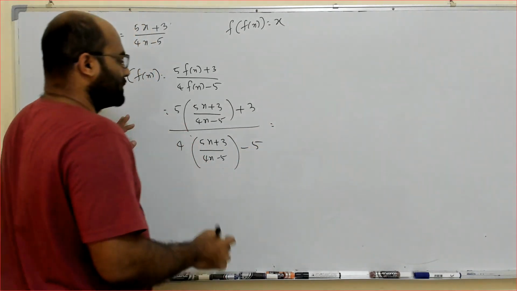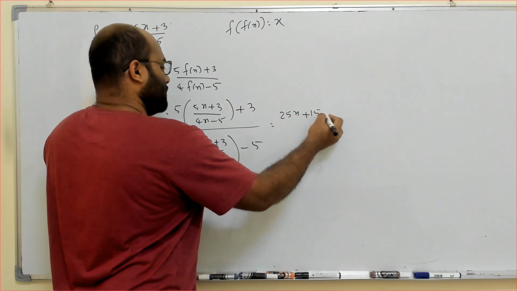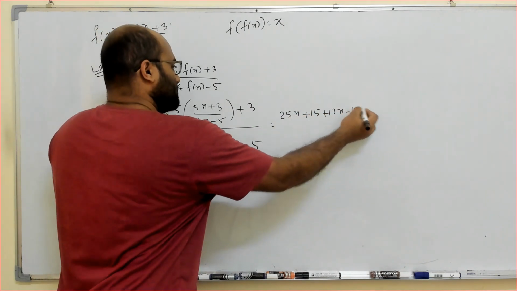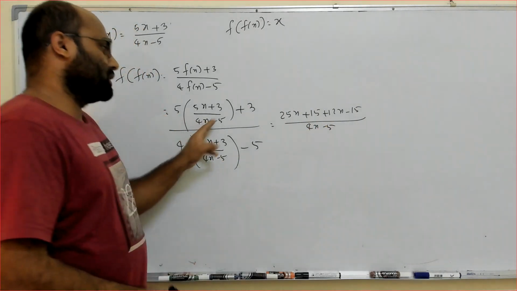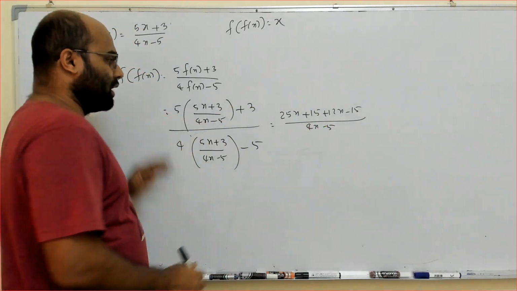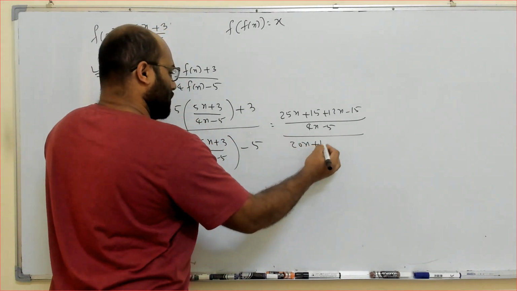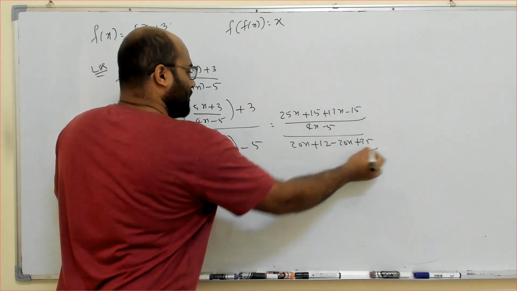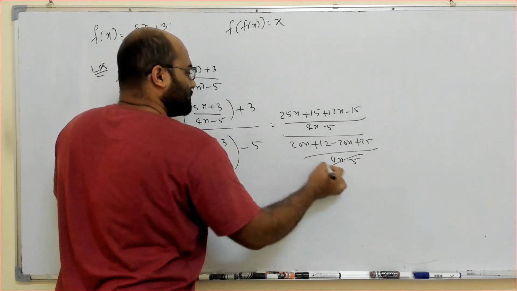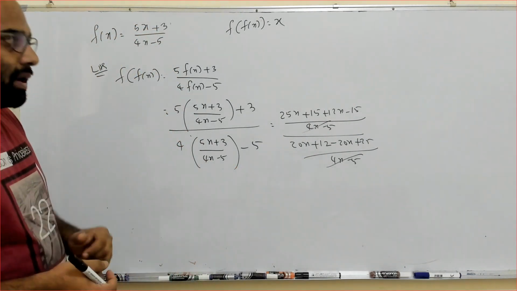You will get it. 25x plus 15 plus 12x minus 15 divided by 4x minus 5. I took LCM, this I multiplied. Same way down also, 20x plus 12 minus 20x plus 25 divided by 4x minus 5. I hope many people got this result, because you can manage it.